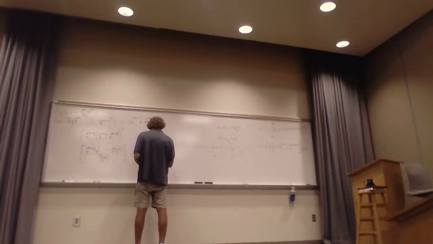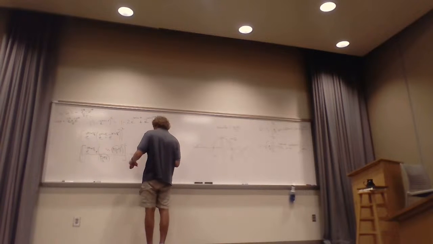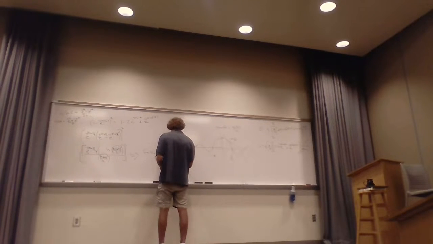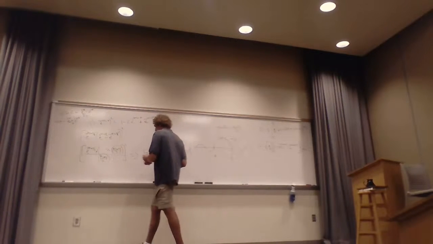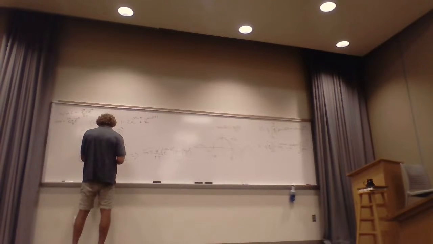It's e to the minus j n omega naught tau over 2 squared. And then it's times the sinc of omega naught tau over 2 squared. That's the sinc function. And there is a tau here.